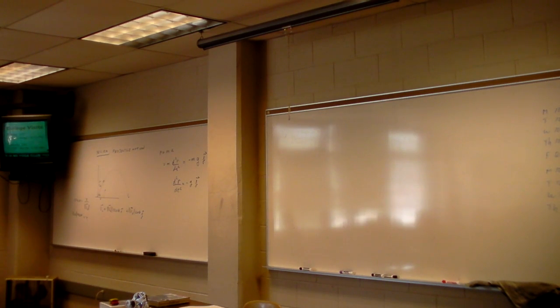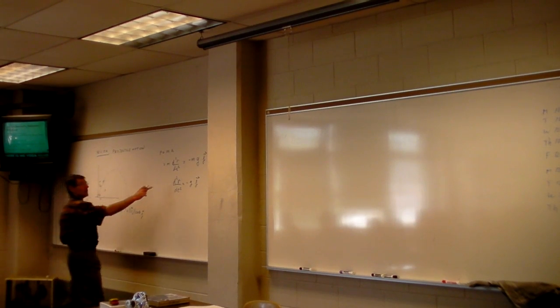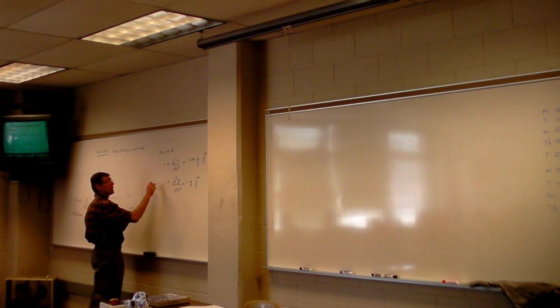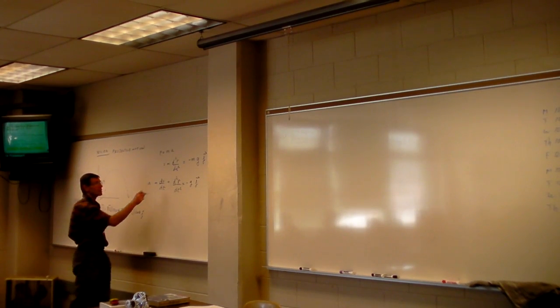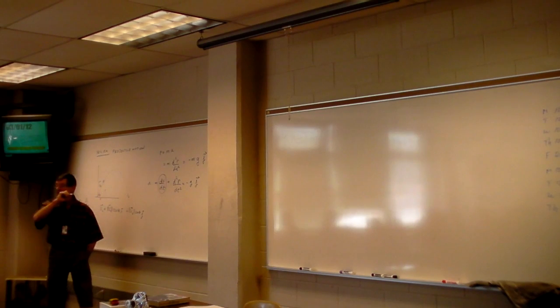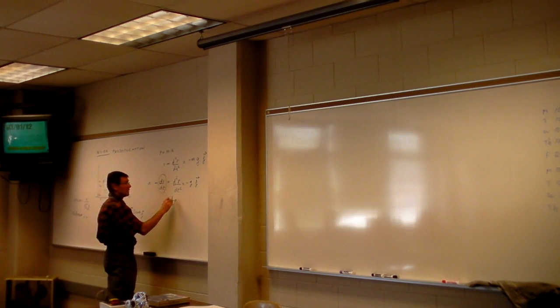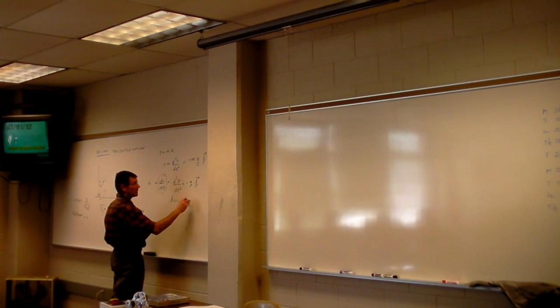Now let's solve for velocity. How would we solve for velocity? G, that's gravity. Well, this is acceleration, which is the rate of change of velocity. So how can we solve for velocity? Integrate. So we go dv equals minus g j dt.